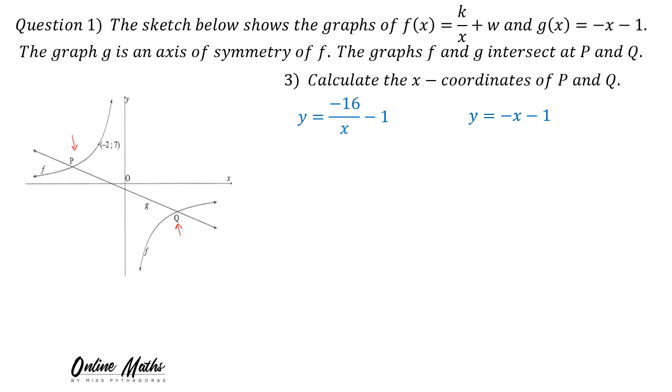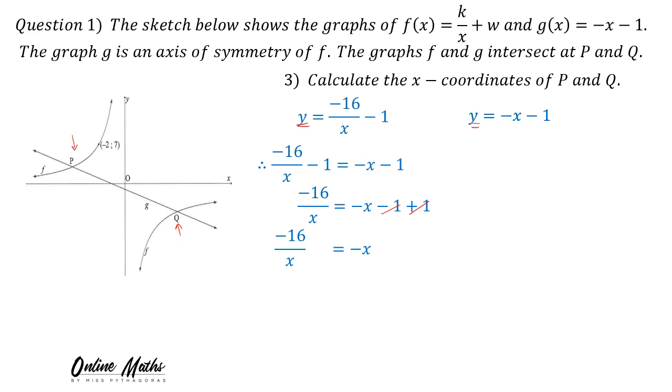Now both these graphs are equal to y, so they are equal. We can equate them and say, therefore, -16 over x minus 1 is then equal to -x minus 1. The -1 will walk across and it becomes +1, and then -1 plus 1 is nothing.